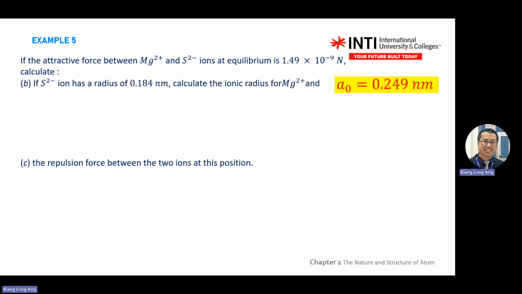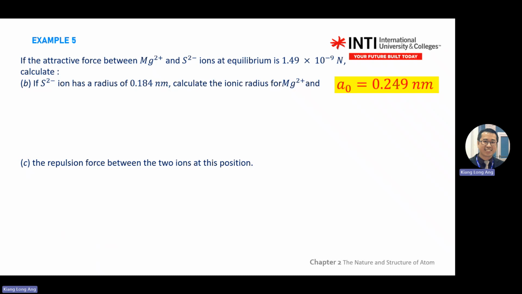Okay, the second one, S2 radius is given. Calculate the unit radius for M2 because you already have this one. So A naught is what? A naught equals small r plus big R. So you already have this. This is a big R. So this is A naught. So you have one less value.